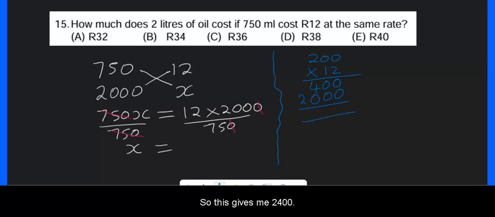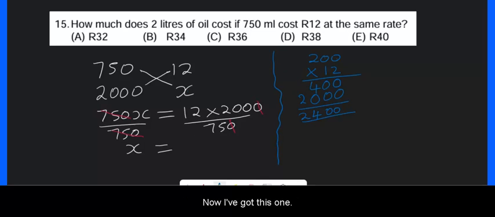So this gives me 2,400. Really? Hey, that's 24,000. That's better.